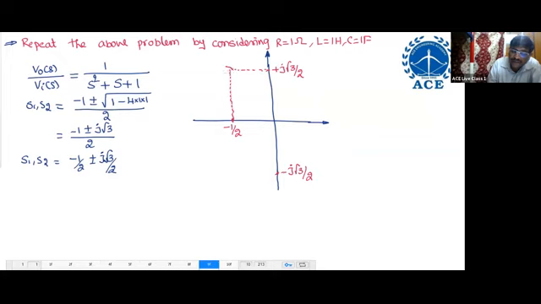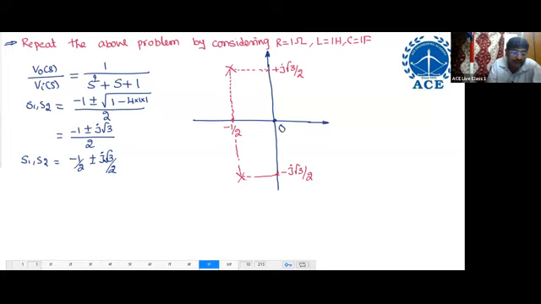This is the pole location. These are called complex conjugate poles.